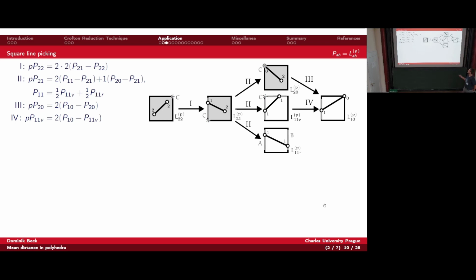So, if you are able to reduce the configurations to the other configurations, you only need to compute the mean distance between a point located on one side and a fixed point, and between 2 points which are located on opposite sides of a square. Uniform, yeah.